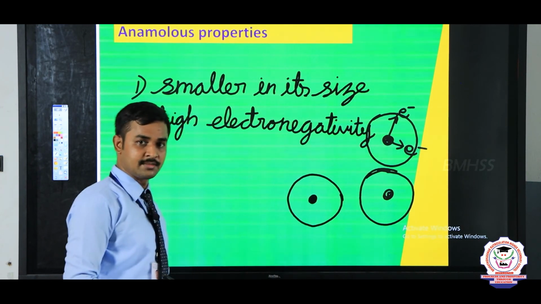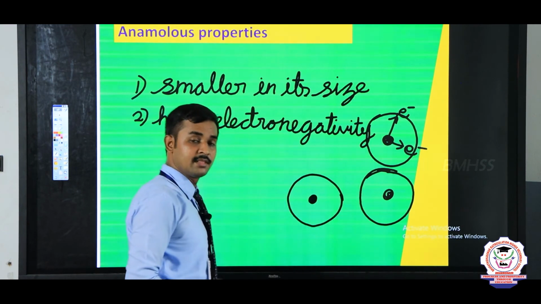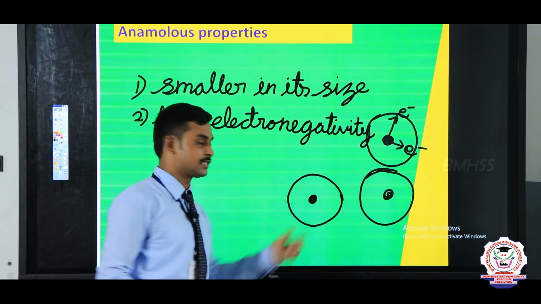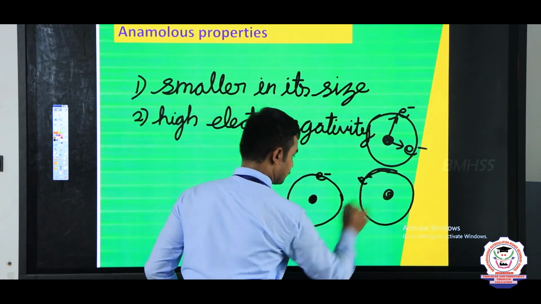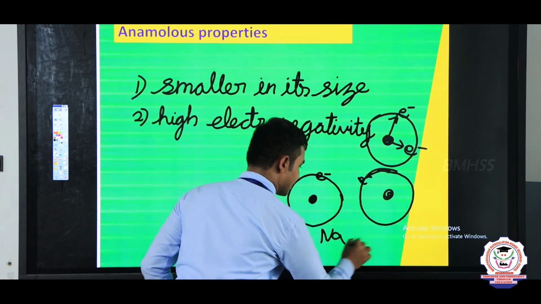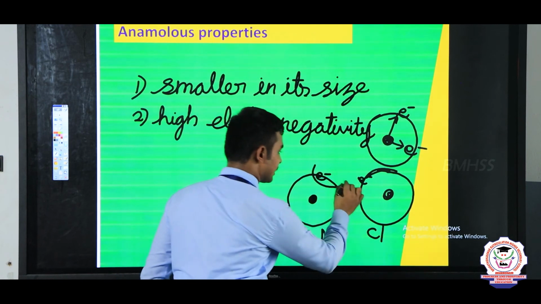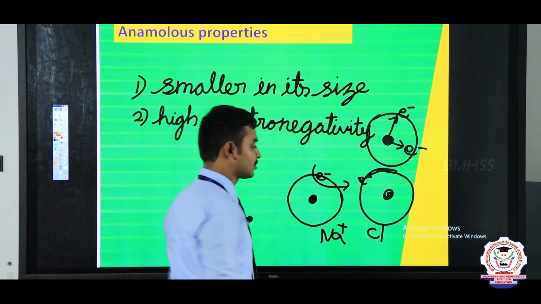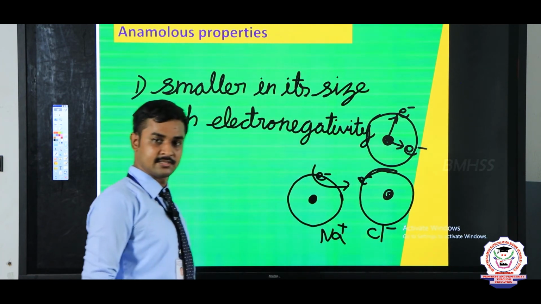If you have 2 atoms, one is a positive atom and the next one is a negative atom, the negative atom likes to attract the electron from the positive atom. For example, sodium and the negative atom chlorine. When sodium donates its electron, it is Na plus. When chlorine accepts sodium's electron, it gets a negative charge, Cl minus.